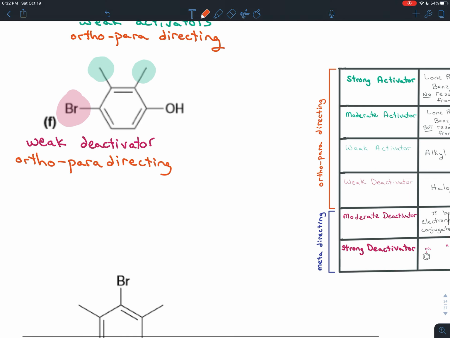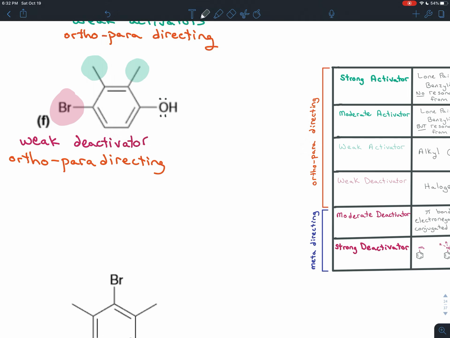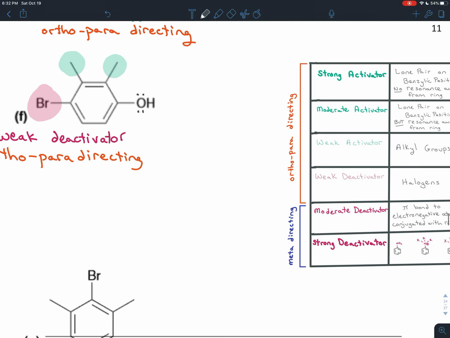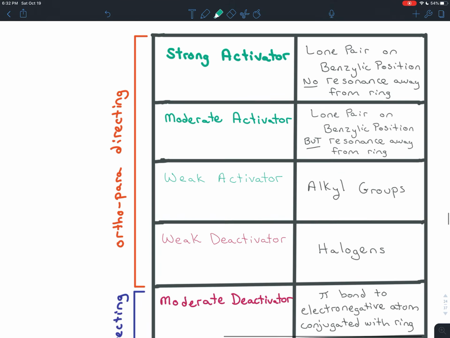And then the OH on the right, that alcohol, notice that that oxygen has two lone pairs there in order to get a full octet. And so because there are lone pairs, that's a benzylic position. Because there are lone pairs there, that is an activator. And notice that the lone pairs, they're allylic to these pi bonds, so they're going to be able to push themselves into the ring, make the ring a better nucleophile, so they're activating, and they're not being pulled away through resonance at all.